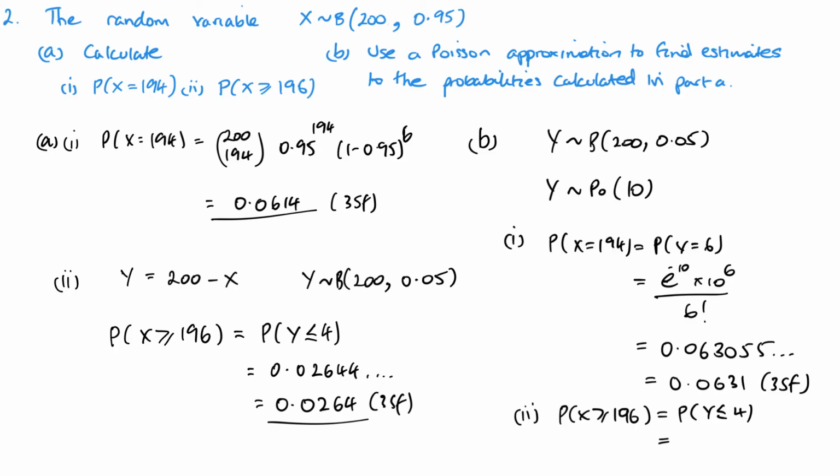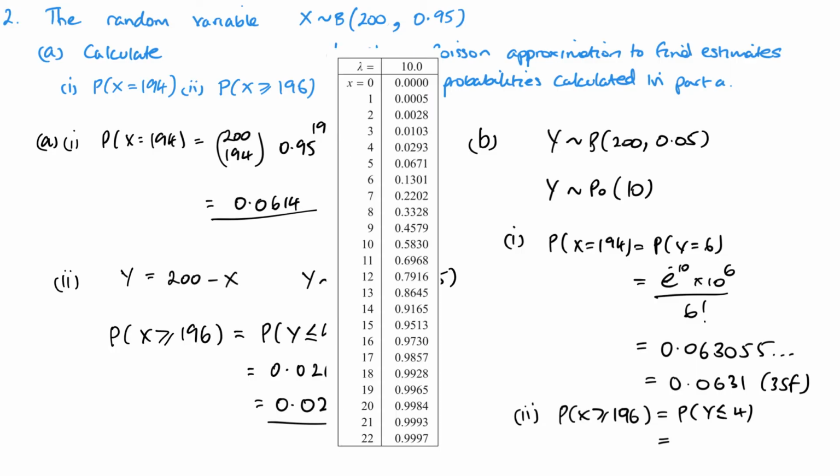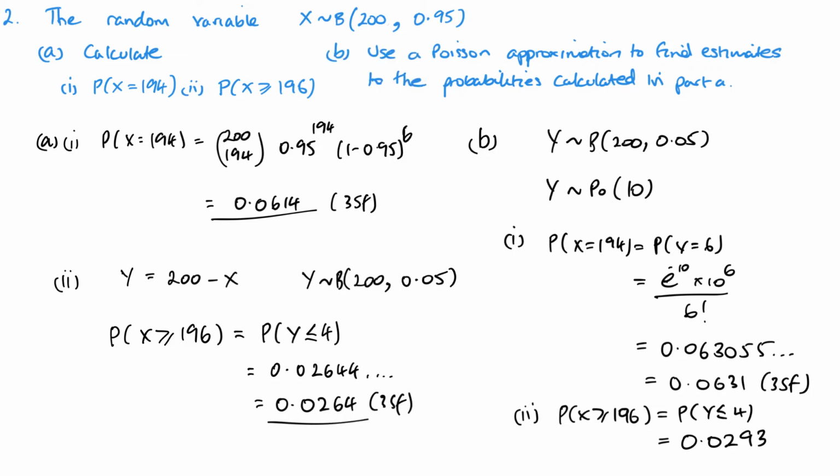And again, in this one, it's just a matter of going to my tables. And here we have the 4, so that's 0.0293, which again you can see is not too far off of 0.0264. So that is the approximations and the actual ones.